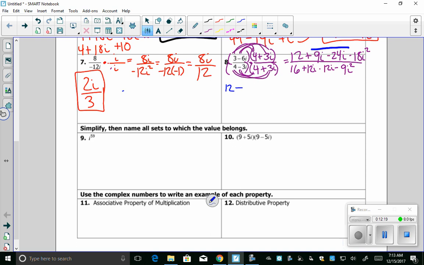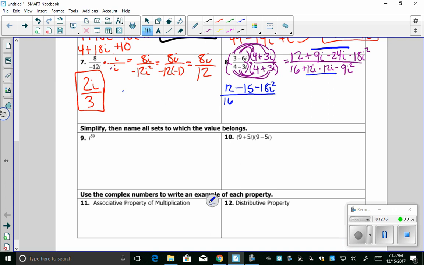Let me double check. Yep. Negative 15i minus 18i squared. If you want to go ahead and plug in negative 1 for i squared on this step, you can, but you don't have to. 16 for the bottom. These are my like terms.